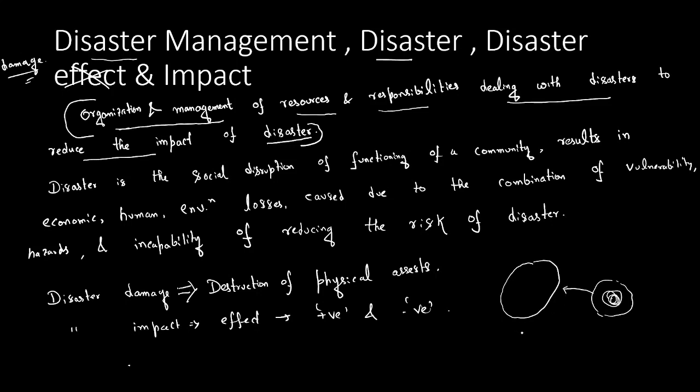So as an administrator, as an officer, your duty will be now to manage the resources over here. Human resource. Suppose there are buildings, you have to save them. At least if you can't save the building, at least go and save the lives. That is your duty. That is how we manage the disaster. So that process is disaster management. I hope you get my point.